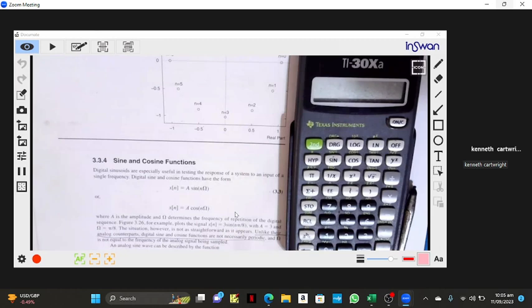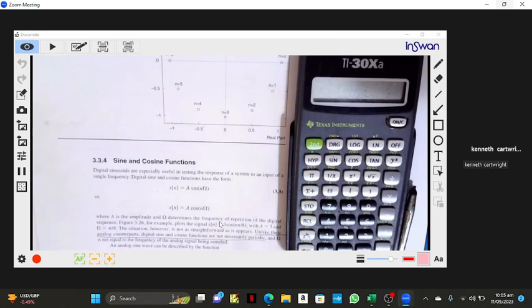So from the analog, how do we get the digital? You're a little delayed, I can barely hear you. You can barely hear me? Yeah, you're moving kind of slow, and I don't know why that is. Could you repeat your question, please?